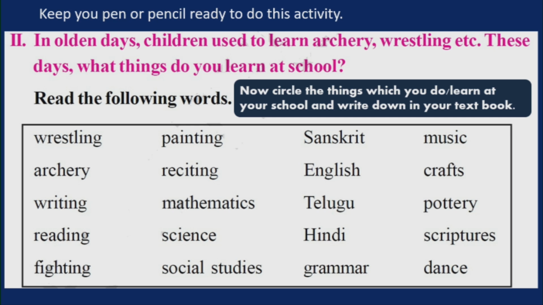List of the different words are given here. Now use your pencil and circle the things which you do learn. Take your pencils, now circle the things which you do or learn at your school and write down in your textbook. Ready? Do you learn wrestling at your school?